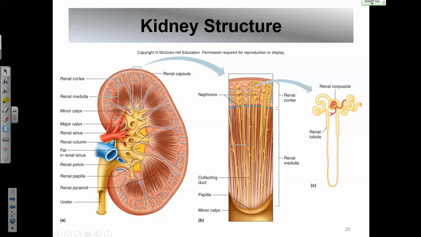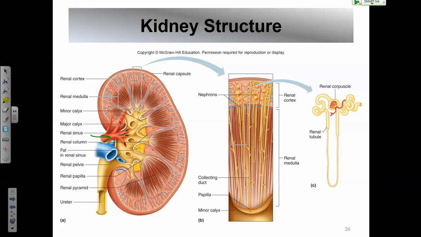Okay, and so you can see that flow, and I'll try to show it in green on this picture. It's hard to see some of it on the picture because there's so much redness to the picture anyway. So it's hard to pick out the arteries because they're red. But anyway, here's a renal artery.